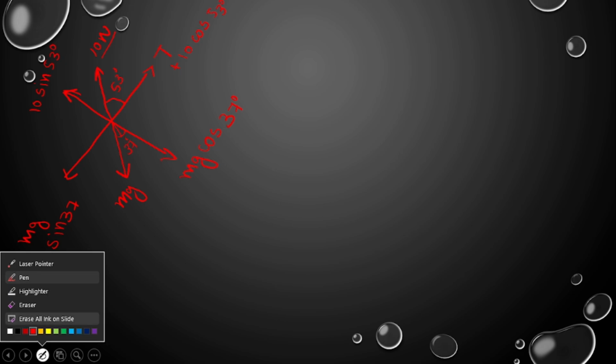So the components of 10 Newton will be 10 cos 53 degree in this direction, and this will be 10 sin 53 degree. Okay, so this line is perpendicular and this line is parallel.